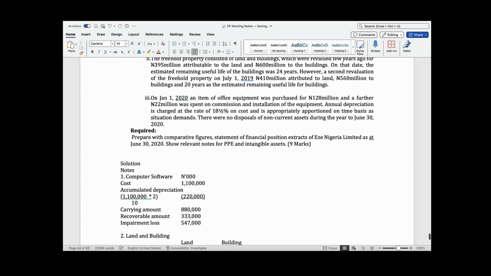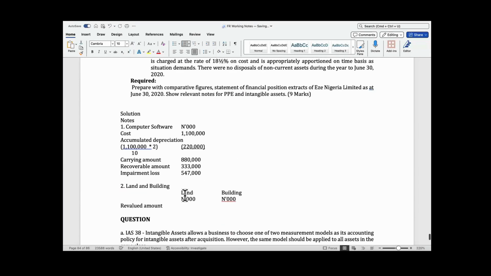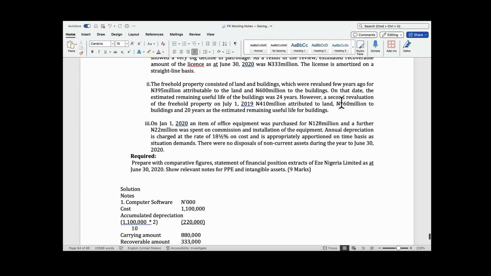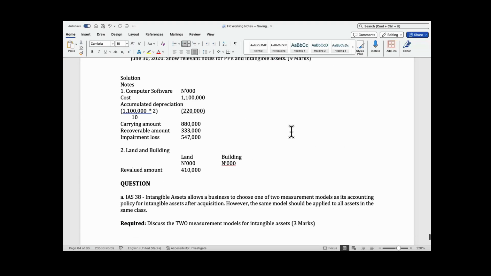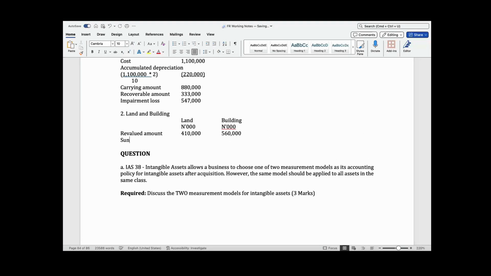As at the beginning of the year, the land is now how much? 410 million. The building, 560 million. So what is the subsequent depreciation?